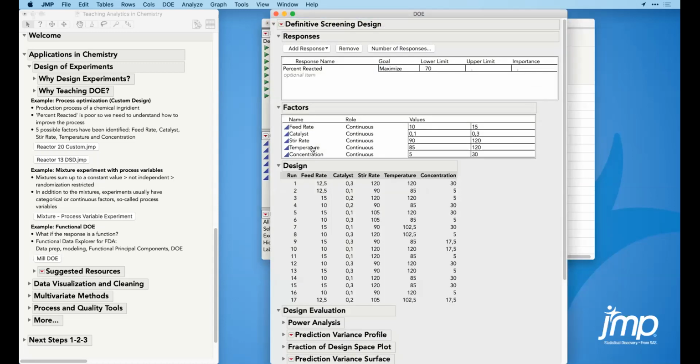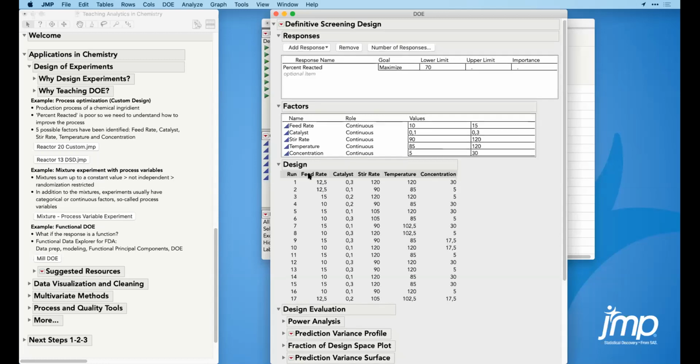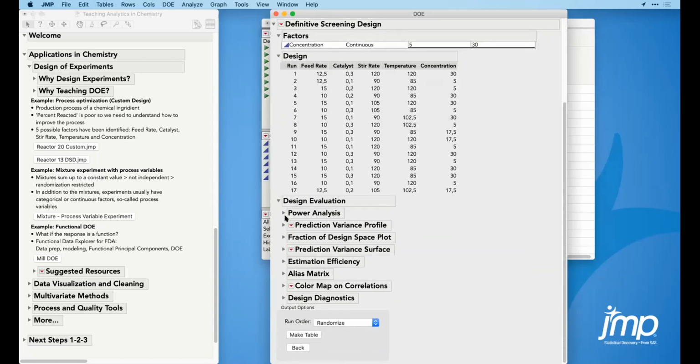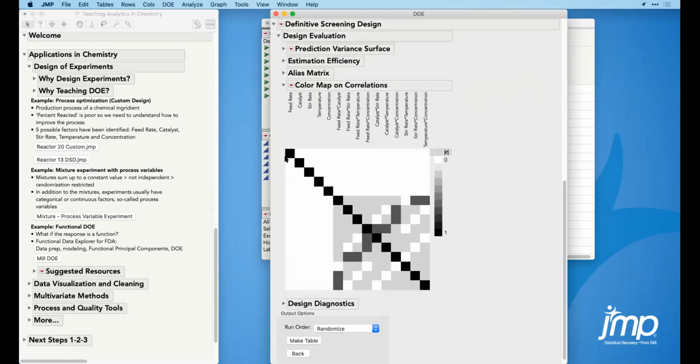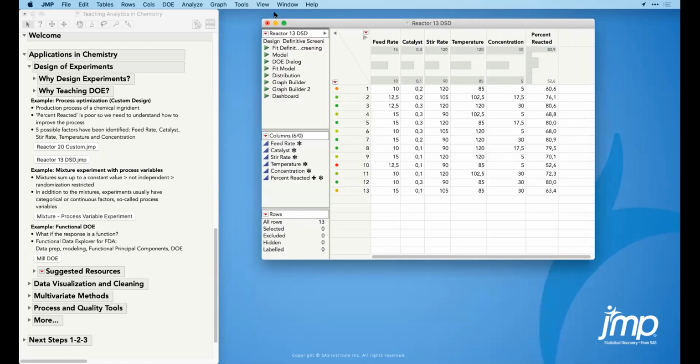So this is the response again, the factors, and we also have the diagnostics. And here you see, oh wow, we have no correlation at all in this region, between main effects, and also not between main effects and interactions, and also not with cubic or quadratic terms. So this is a nice feature.